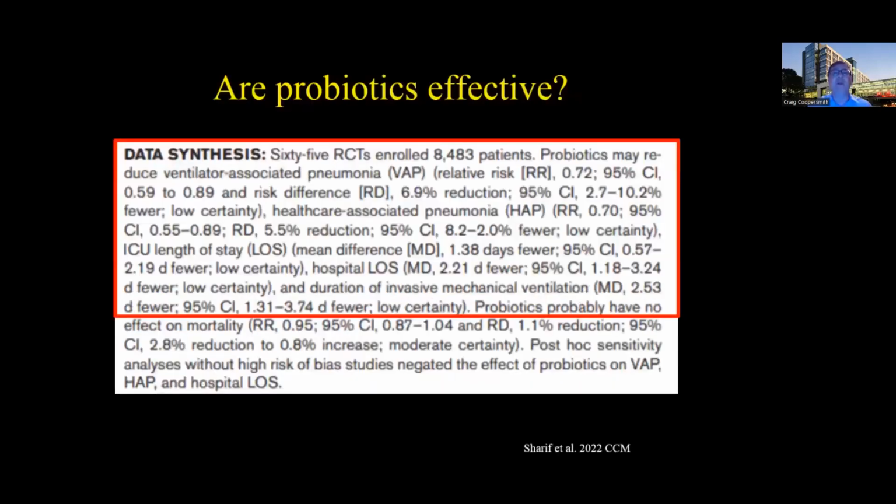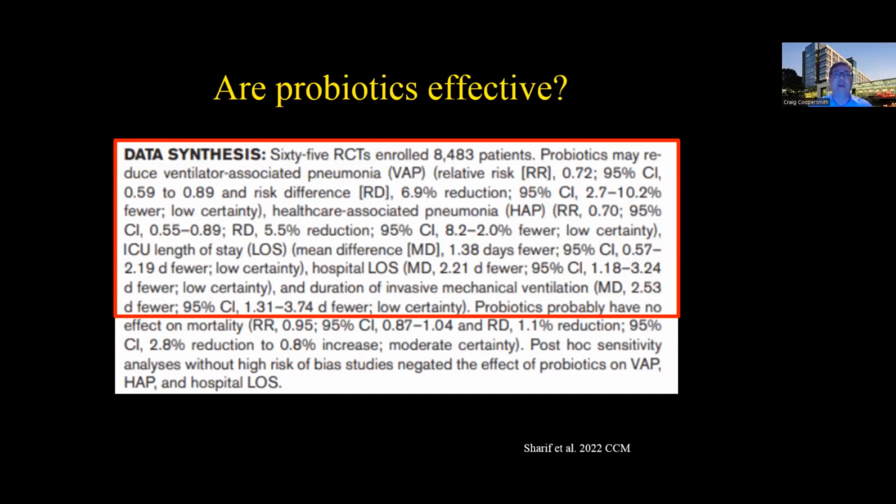So again, this is larger. This is including the data that I just showed you. This is now 65 randomized controlled trials, 8,400 patients. The largest trial is the one that I just showed you at 2,600 patients, which makes up about a third, a little more than a third.